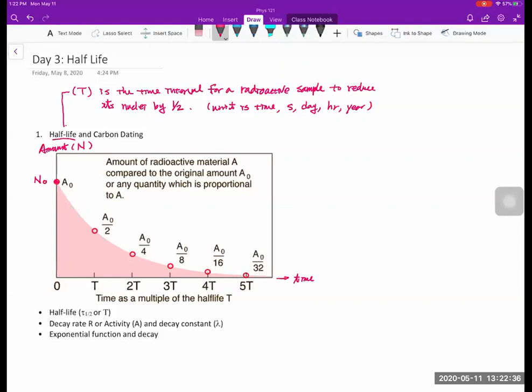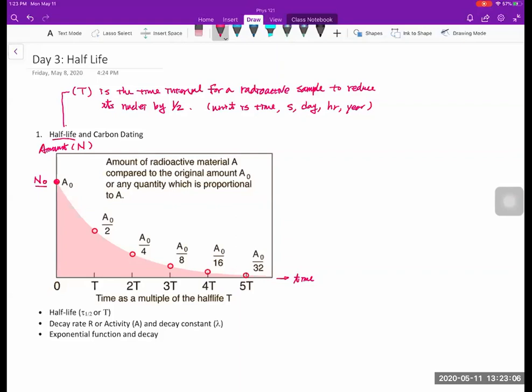N0 means at time equal to 0, the number of nuclei you start with, or the amount of the radioactive material, maybe in grams, moles, or number of particles or atoms. So N0 represents the original amount, the starting point.